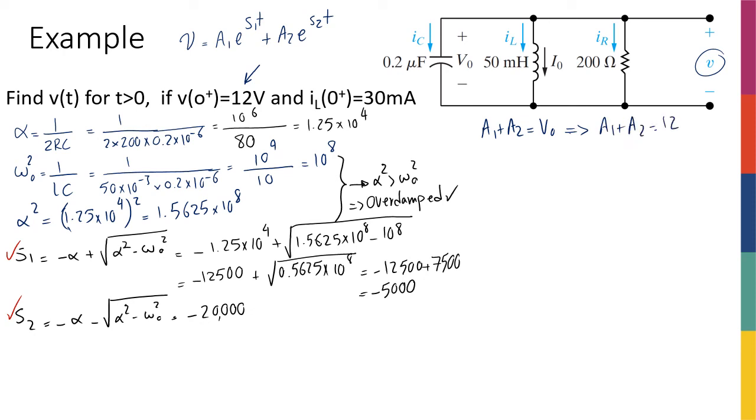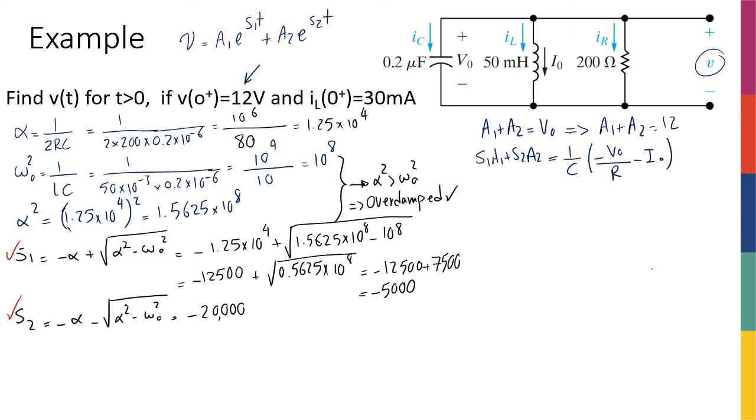What is the second equation? Well, I know that S1A1 plus S2A2 should be equal to, and we got from the previous slide that this should be equal to 1 over C times minus V0 over R minus I0.